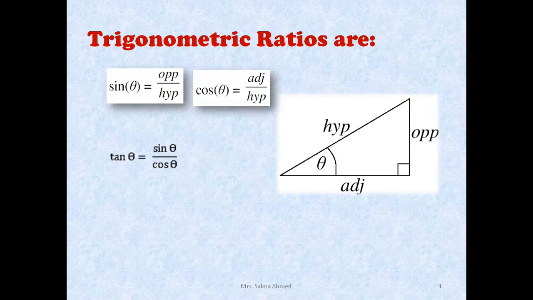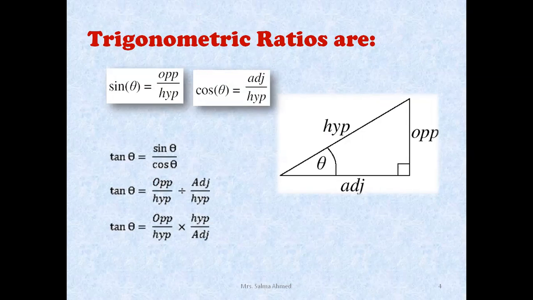If I replace sine theta by opposite over hypotenuse, and cosine theta by adjacent over hypotenuse, it will be opposite over hypotenuse divided by adjacent over hypotenuse. I can't answer it like this, so I have to take the reciprocal of adjacent over hypotenuse and change the divide into multiply.